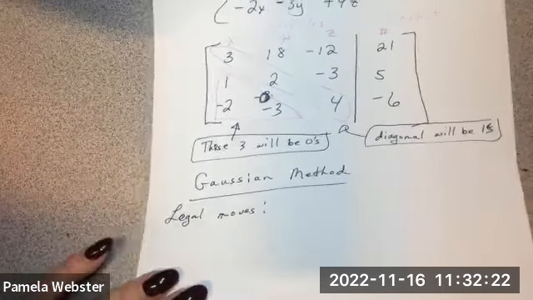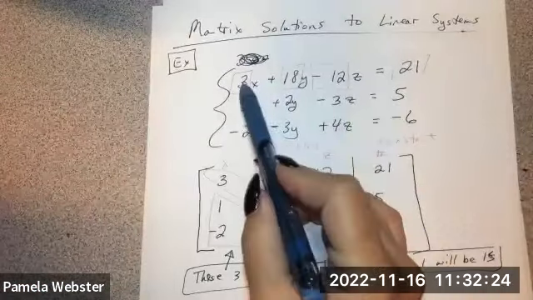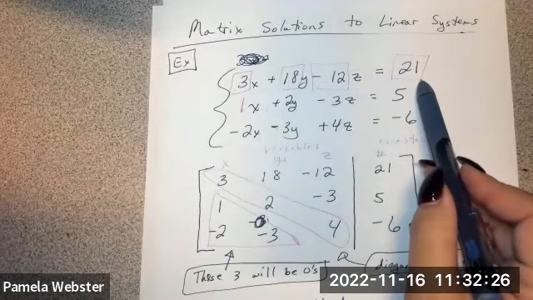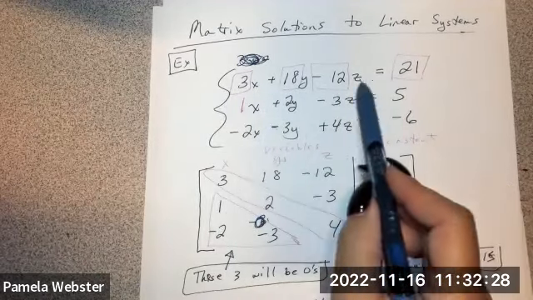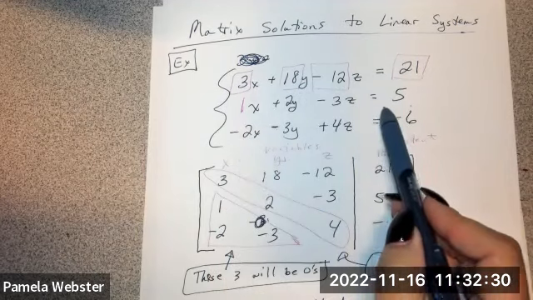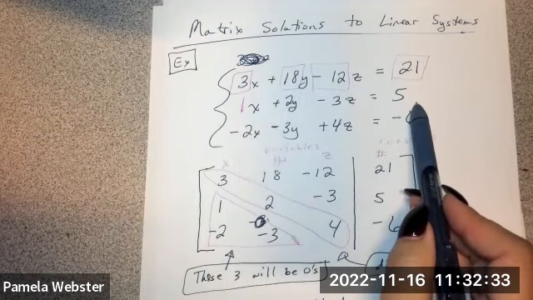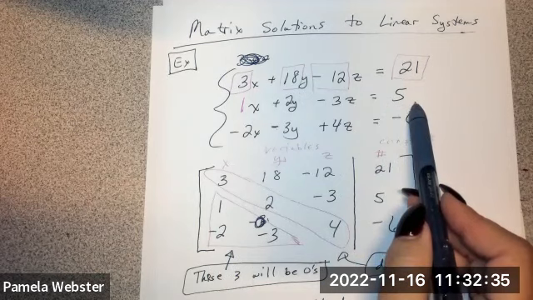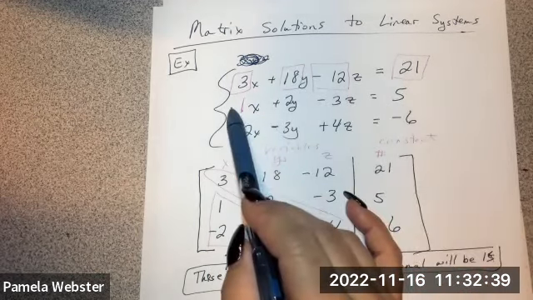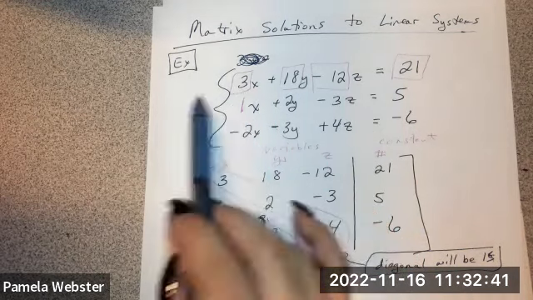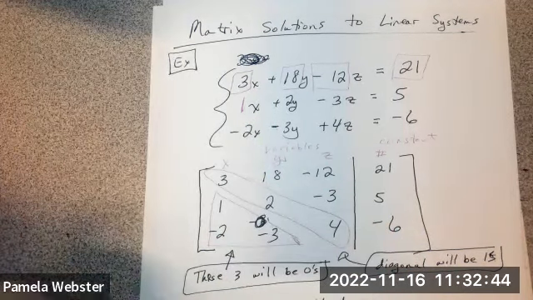So for instance, does it matter if this guy is on the first row, the first equation, or if this guy is on the first row, the second equation? No. It does not matter the order in which I write my equations, right? So I can move these around. In other words, I can switch. It's called interchanging a row.